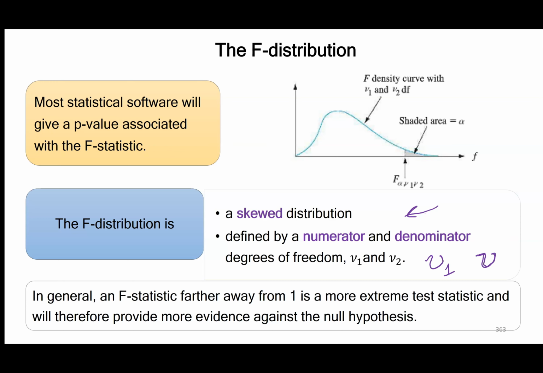Nu 2. I don't know. It's not my favorite Greek letter. I usually write NDF for numerator degree of freedom and DF for denominator degree of freedom. I find that more useful than writing nu 1 and nu 2.